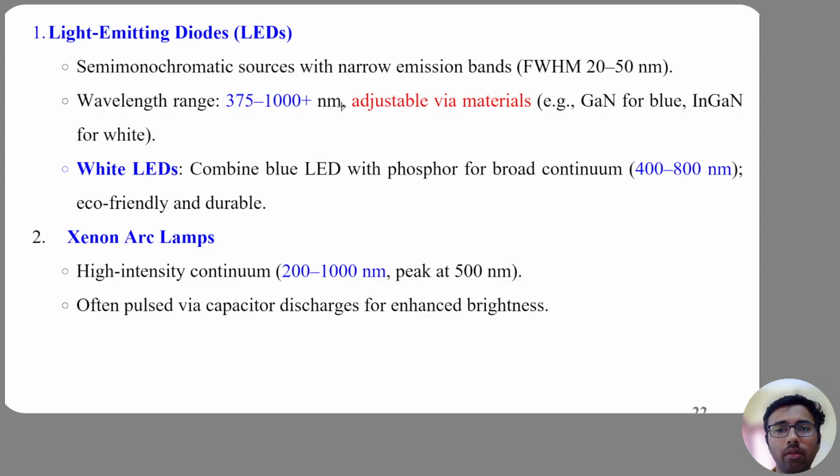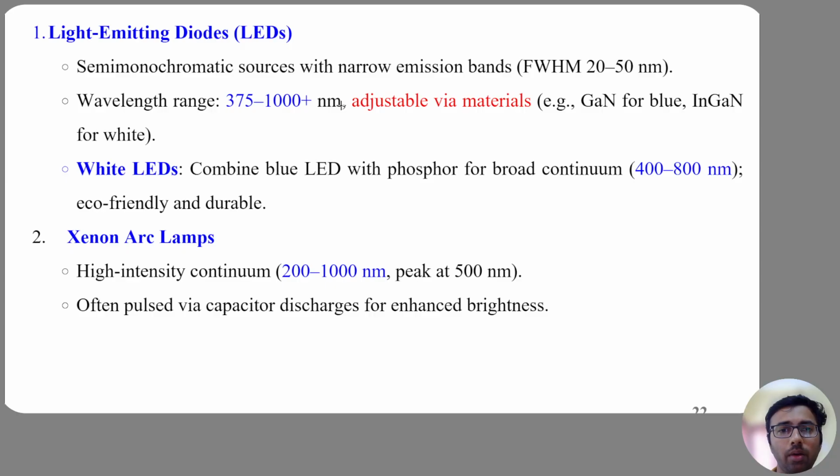Their emission wavelength depends entirely on semiconductor composition. For example, gallium nitride produces blue light. LED has various advantages which include long lifetime, low power consumption, mechanical robustness, environmental friendliness. White LEDs operate differently.